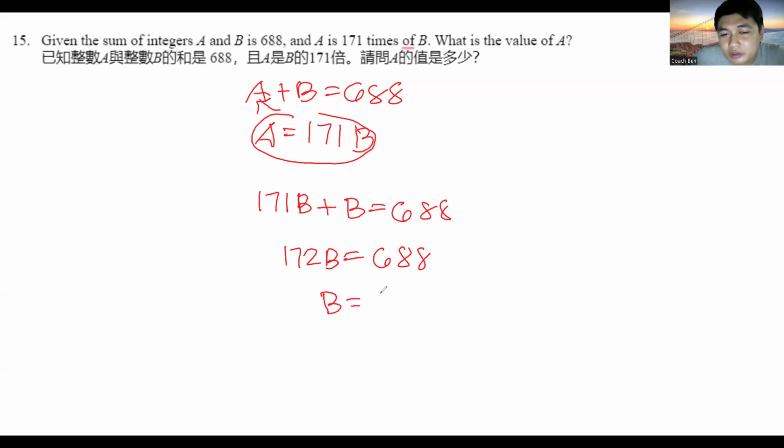B is equal to 4. And again, you can just do A is equal to 688 minus 4 to get 684.